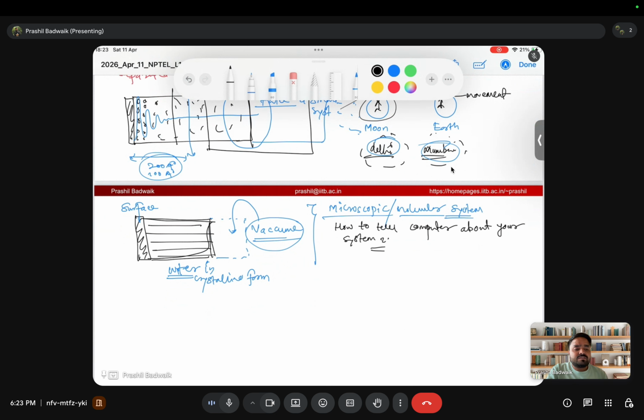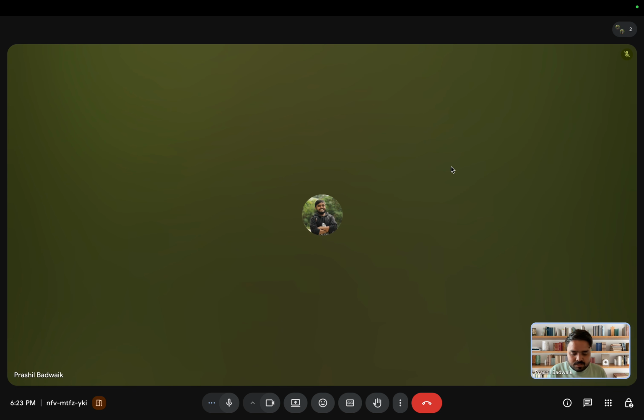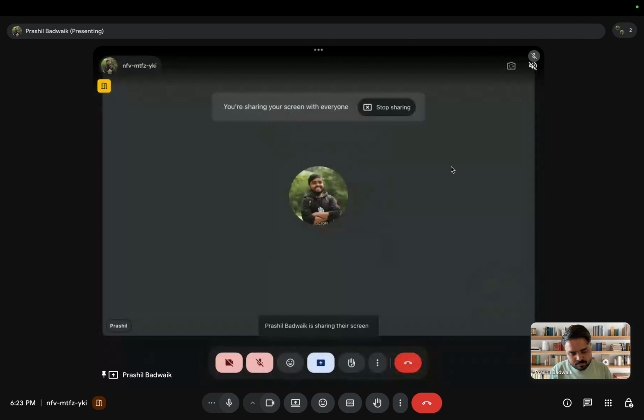So again, to give you an example, if this surface is a sandstone rock, it is made up of sandstone. Sandstone means SiO2. So there are silicon atoms and oxygen atoms, right?